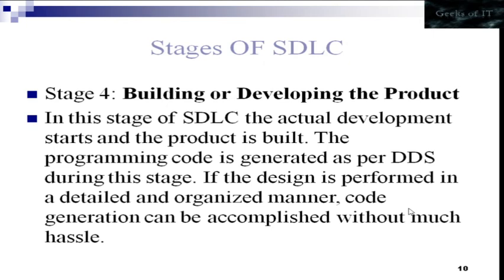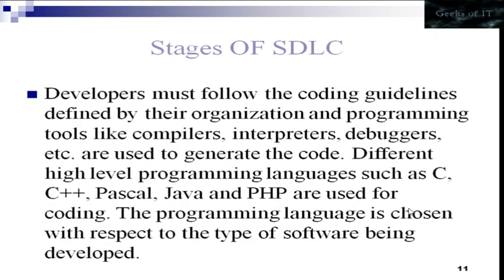The programming code is generated as per DDS during this stage. If the design is performed in a detailed and organized manner, code generation can be accomplished without much hassle. There are different high-level programming languages such as C, C++, Pascal, Java, and PHP, etc., which are used for coding.